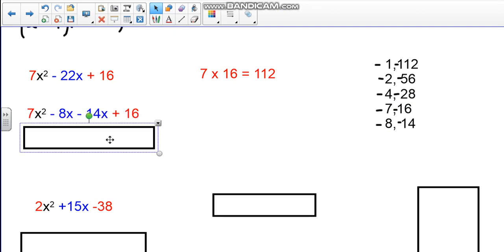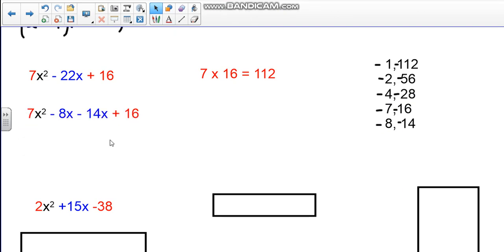So there we have 7x squared minus 8x minus 14x plus 16. Looking at these two, the only common factor is x, so we'll put x at the front, and we've got 7x minus 8. Now looking at these two here, I need to take a 2 out.